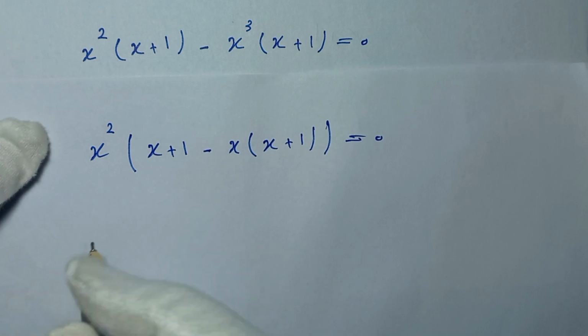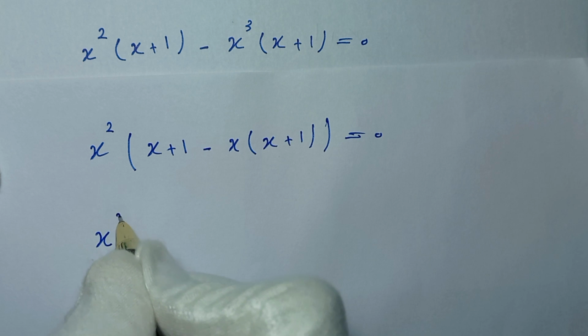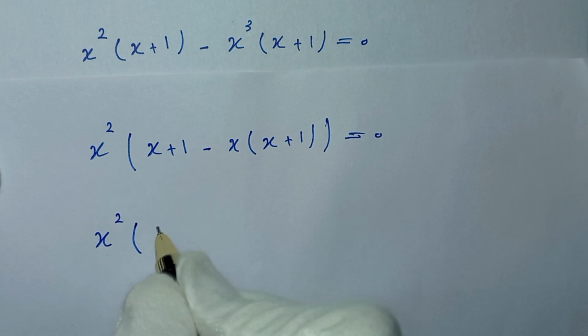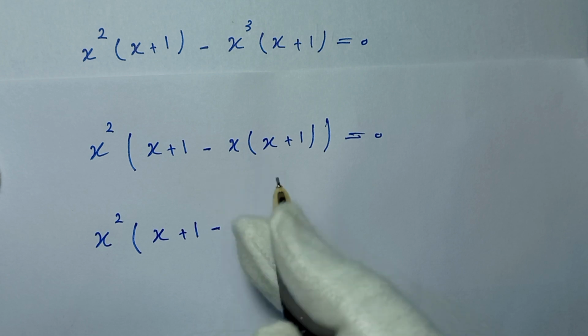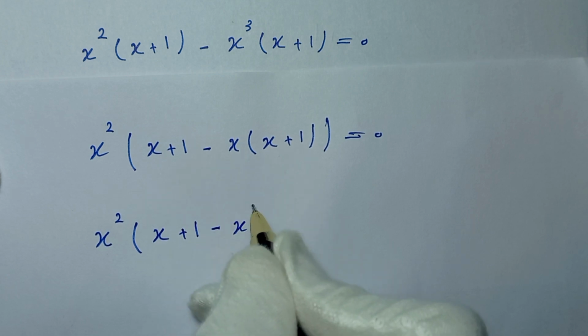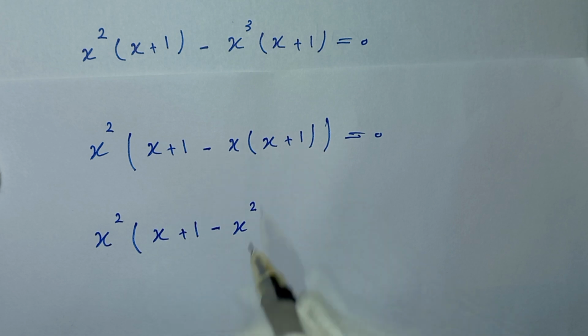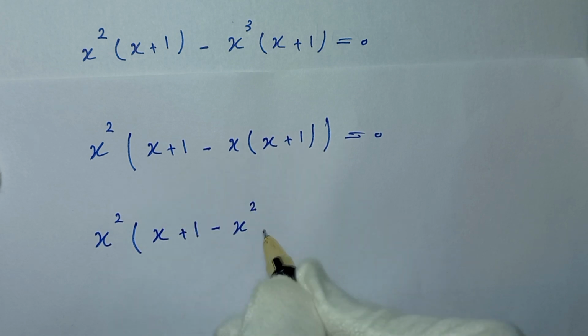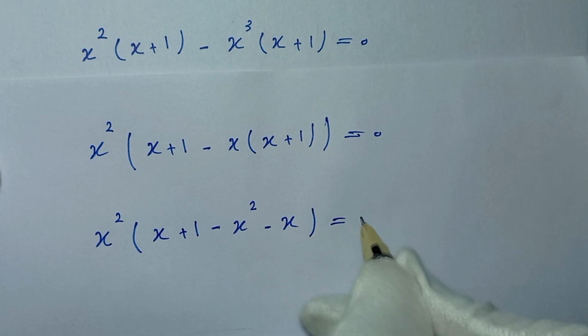And in the next step, it will be x squared times x plus 1 minus x times x, which is x squared, and x times 1 is x, and this is minus x, this is 0.